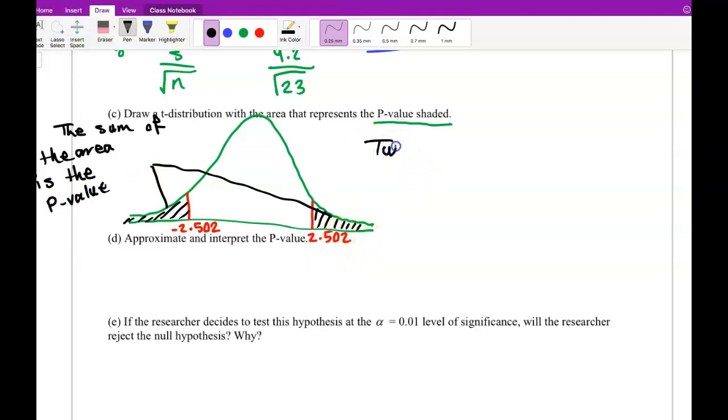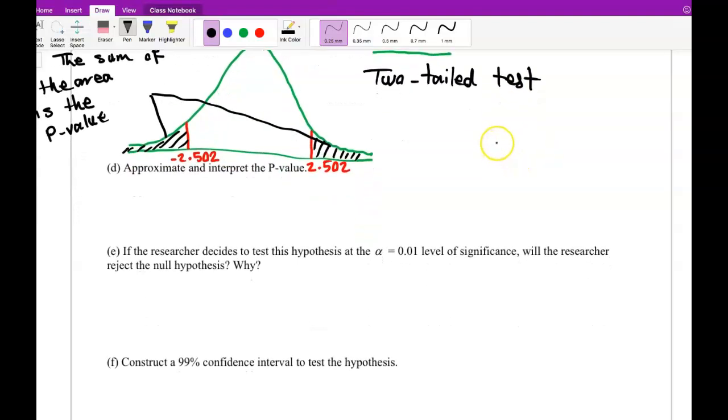And here we have two tails. Then part D: we want to find the answer for the p-value.